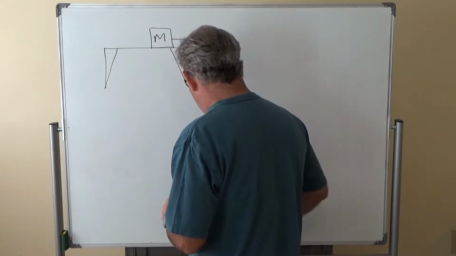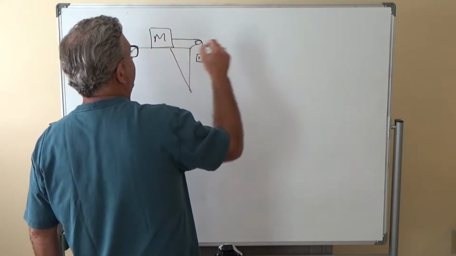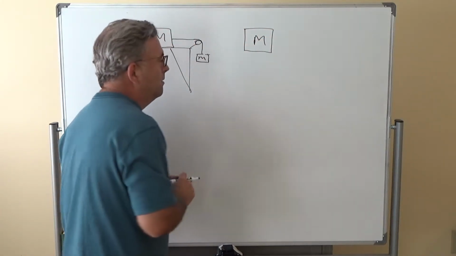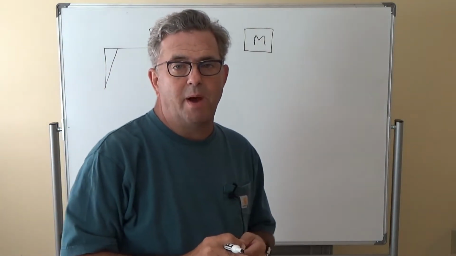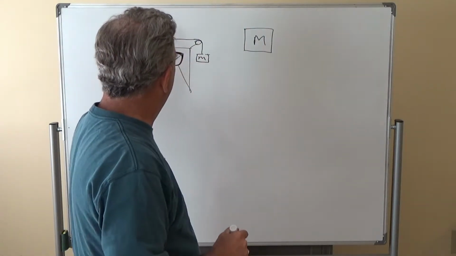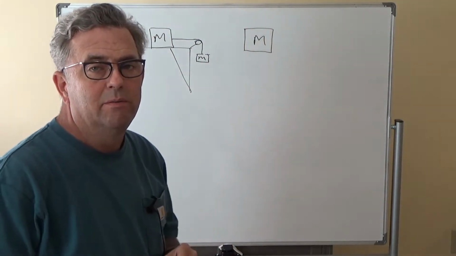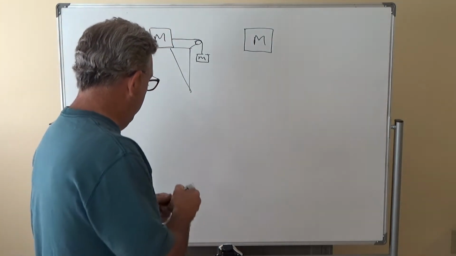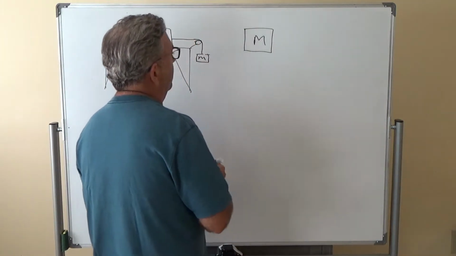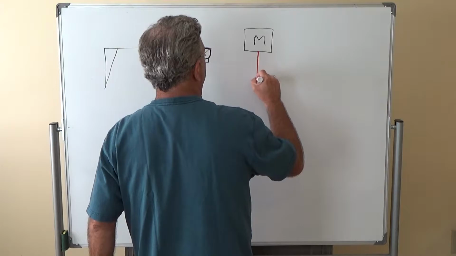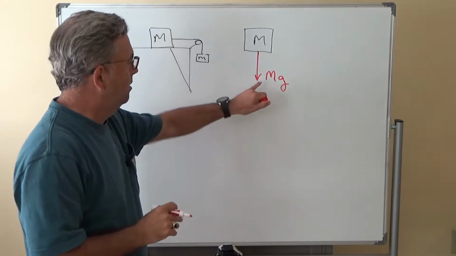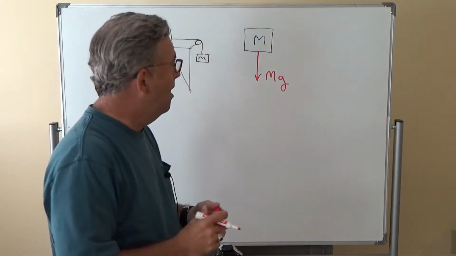So the first thing I'm going to do is look at the forces acting on big M. So I will draw what I'll call a free body diagram. I'll take this big mass out of its environment and just look at the forces acting on the large mass. Well, we know that there is a force due to gravity acting in this direction, down. That's big Mg, the large mass times the acceleration due to gravity.